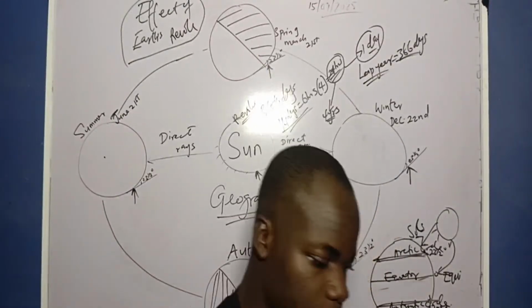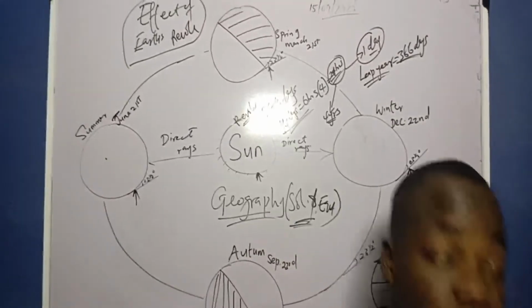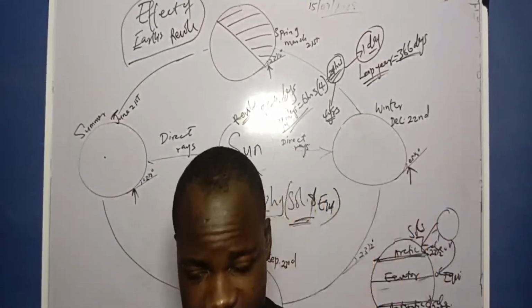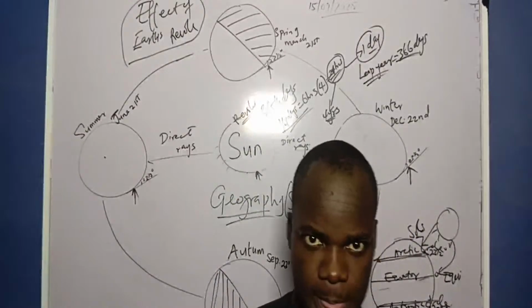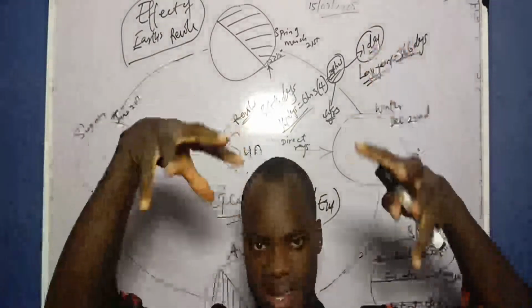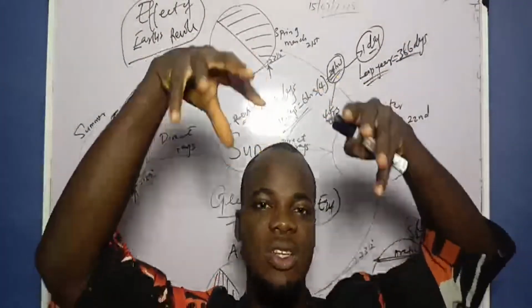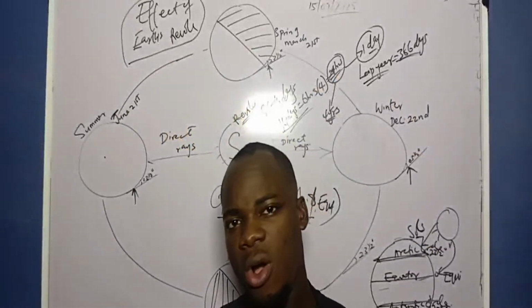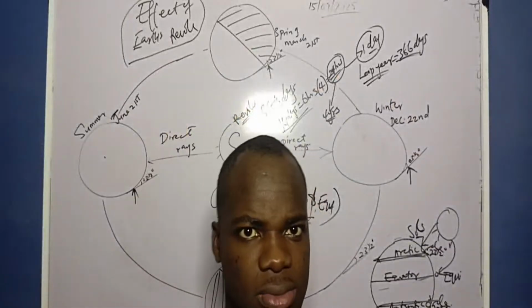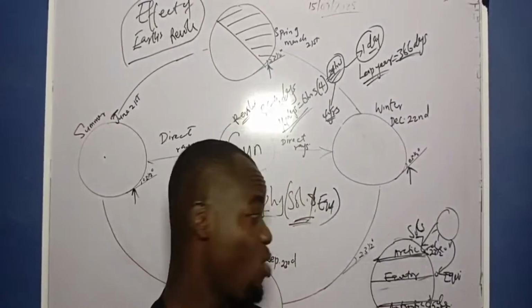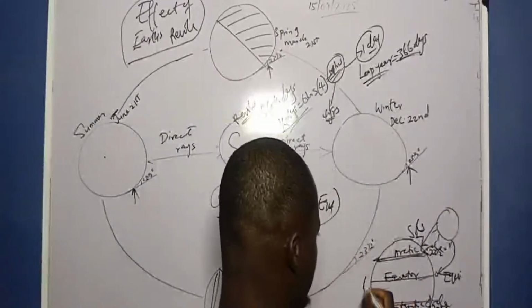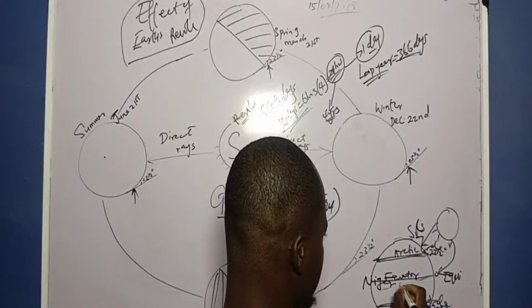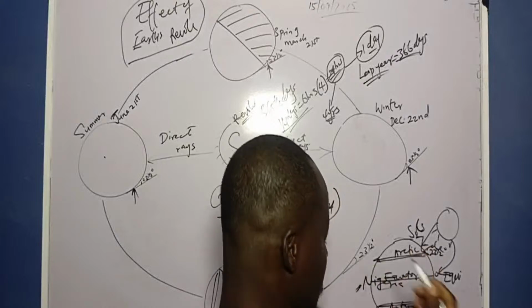Now, when the sun is practically overhead at the equator, meaning that the sun rays are actively focusing on the equatorial region. What are the countries in this equatorial region? These are some West African countries like Nigeria and some other countries.